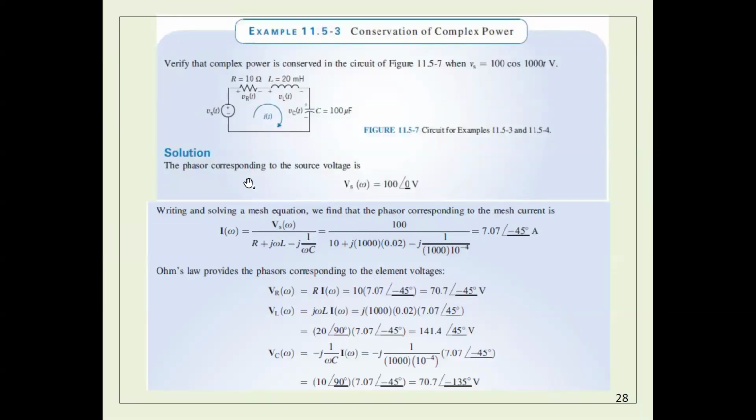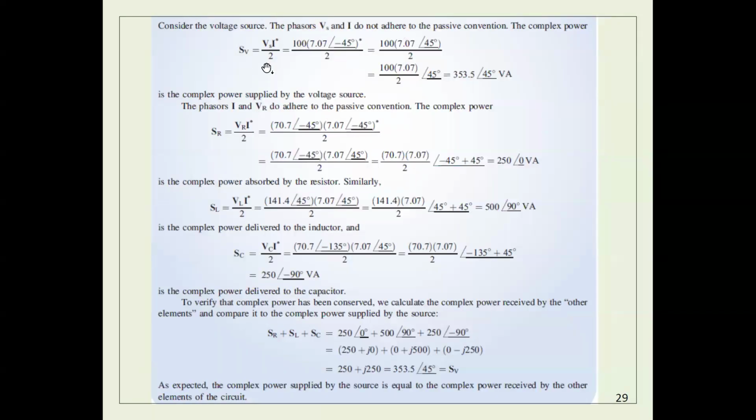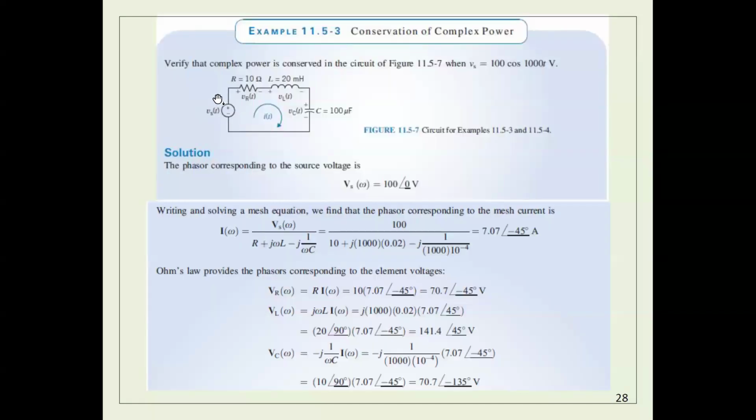But anyway, here's the way it was solved. I know the current, I know the impedance of each element, so easily I can calculate the voltage drop in each one. Okay. So now I know the voltage, the current, voltage, current.